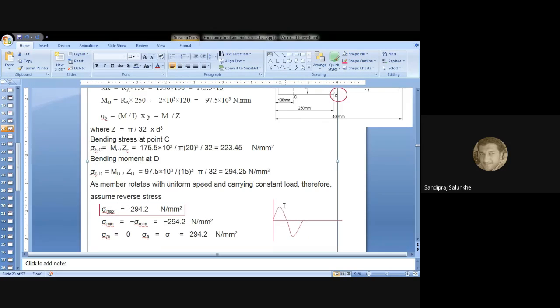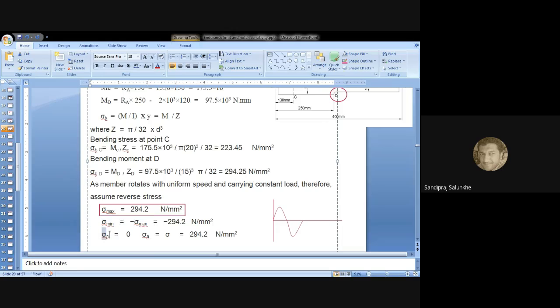Now this value we are going to consider as the maximum stress, and that will be tensile to one side and compressive to the other side. And the minimum stress which is acting is the compressive stress, that is minus sigma max. So sigma max goes from 0 to its maximum value to one side, and 0 to its maximum value to the other side, that is tensile side and compressive side. Okay.